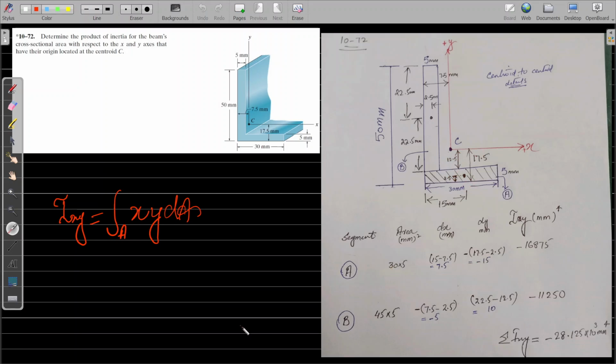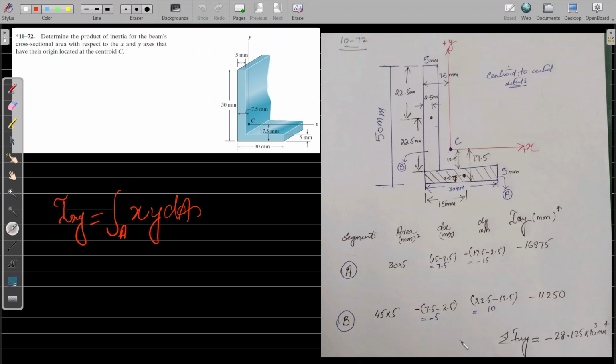Now let's go for the other section of this L beam, segment B. Its dimensions are not 50, because the base section takes up part of it, so they are reduced to 45 into 5, which starts from this point to this point. What will be the dx of this section?